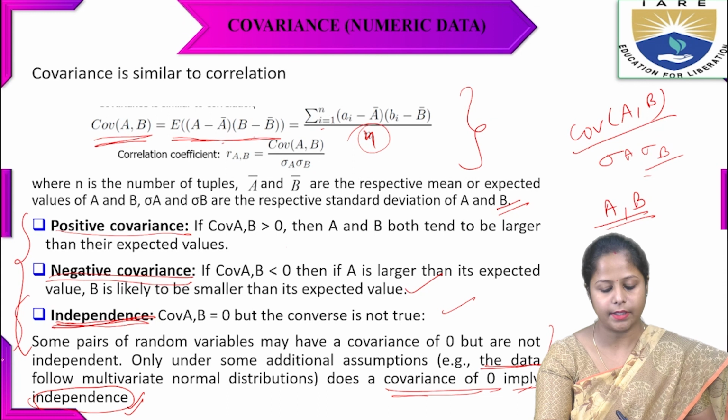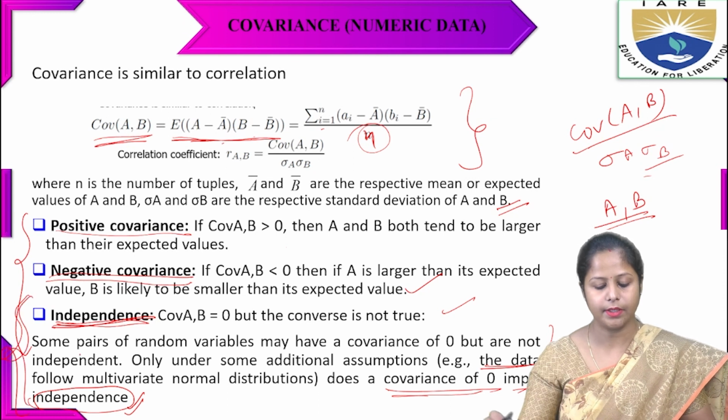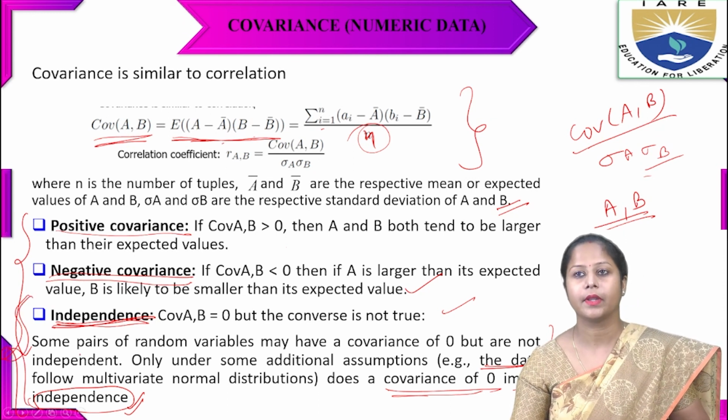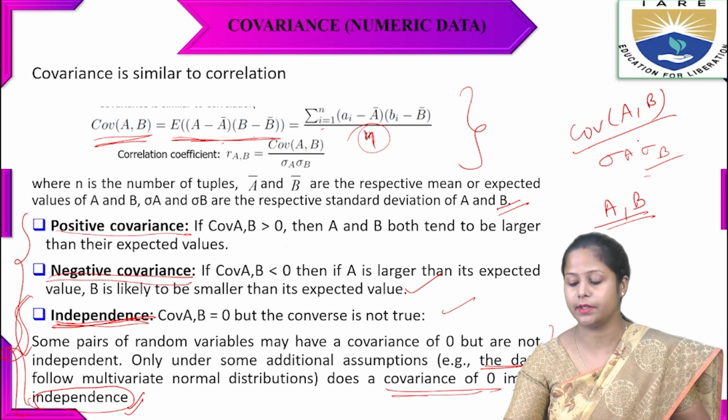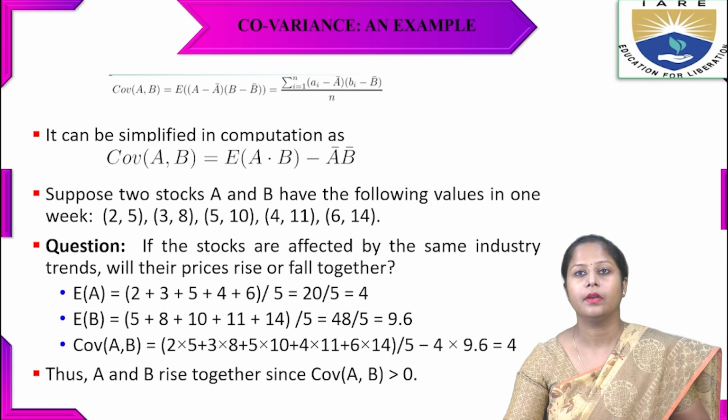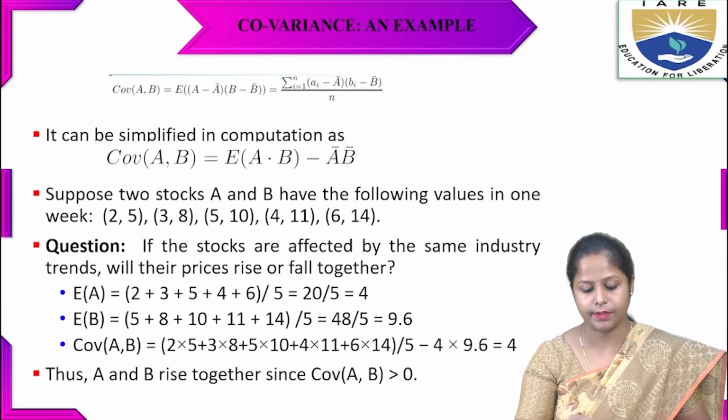So that type of covariance comes under independence covariance. These were some examples of covariance for numeric data. Now we will have an example and check.